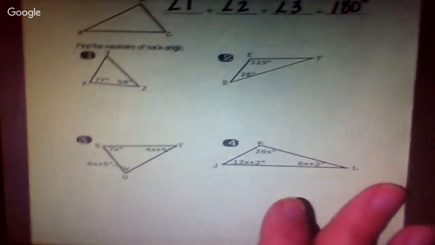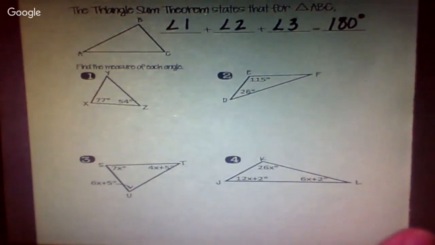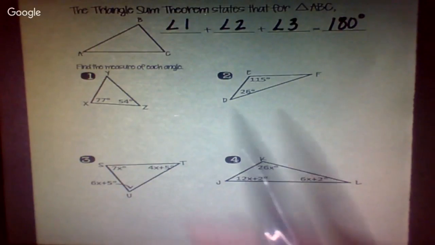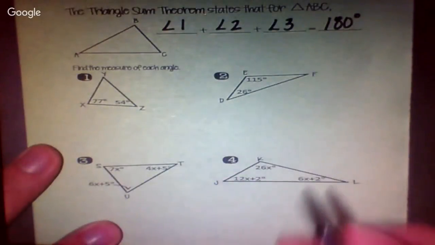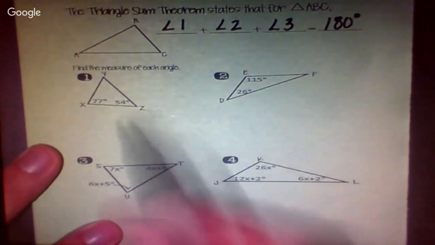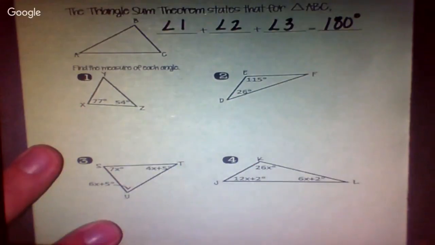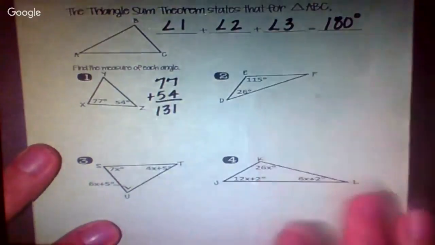So, your triangle theorem states that if you add up all three angles they equal 180. If they give you two angles, you should be able to find the third. So, they're giving me that 77 and 54 are these two angles. They want to know what the measure of angle Y is. Well, what do these two angles add up to? What's 77 plus 54? 131.